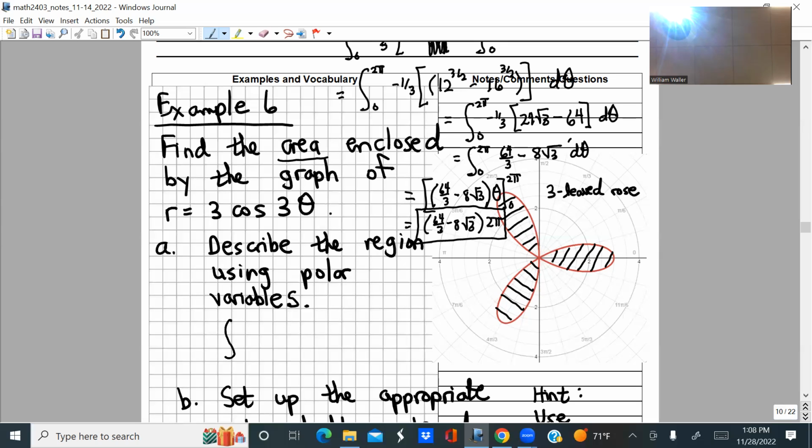We're going to set up a double integral, but using just the integrand of 1. All I have to be able to do is figure out how to describe this region with polar coordinates.